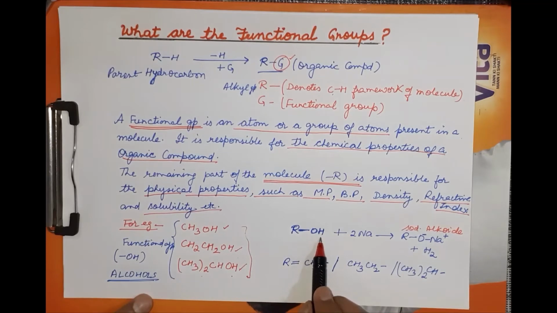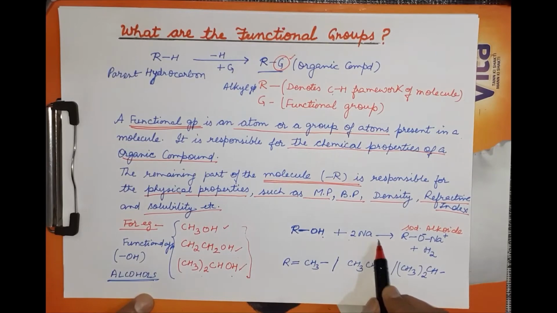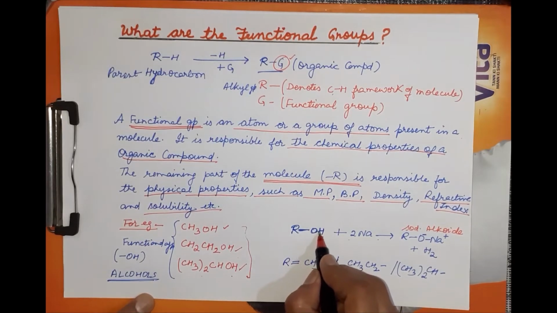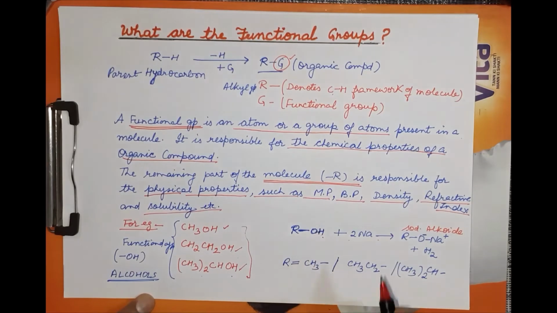So ROH, when any alcohol reacts with sodium metal, it forms RONa plus. That means this OH bond is broken here, and this H is replaced by sodium, and it forms the sodium alkoxide.